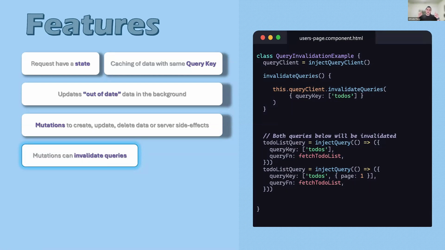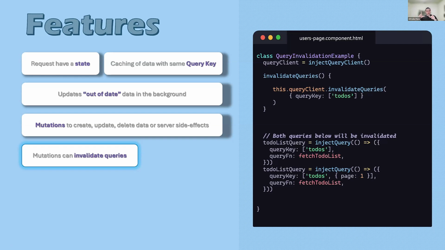If you notice the query key, you can pass as many arguments as you want, like to-dos, page, and whatever, any kind of parameters. But by saying invalidate queries to-dos, even if the key says page, they will be invalidated, since the primary key, the first key, to-dos, is invalidated, it's going to refetch the data.